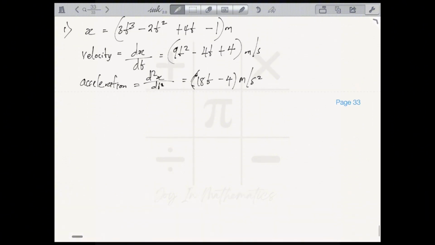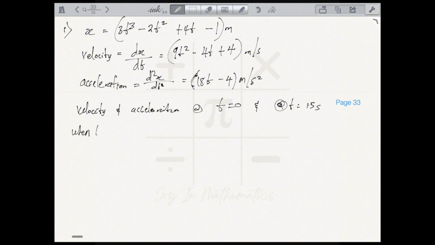Now, having done this, we are asked to evaluate the velocity and acceleration at t equals 0 and at t equals 1.5 seconds.